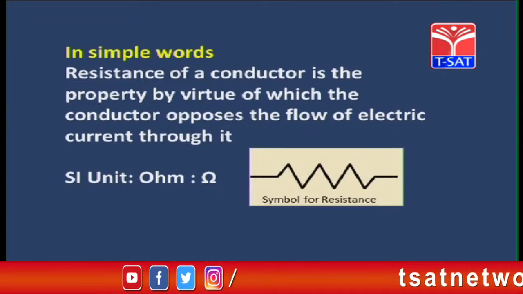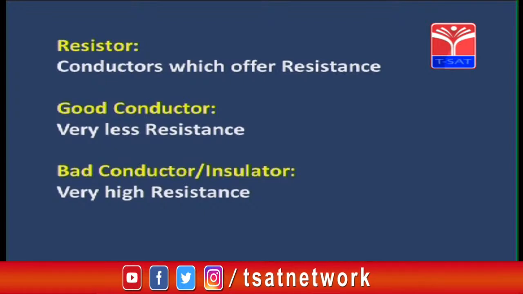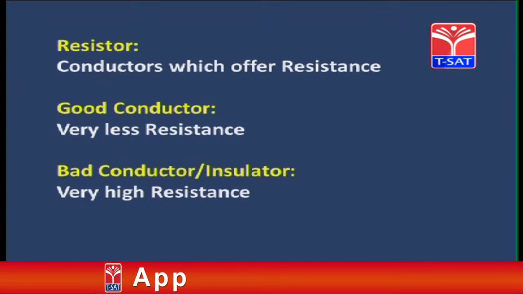The symbol of resistance is given in the figure. Resistor is that which offers resistance. If the resistance is very less, it is called a good conductor. If the resistance is more or very high, it is called a bad conductor or insulator.